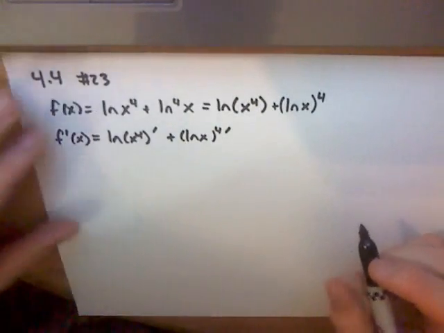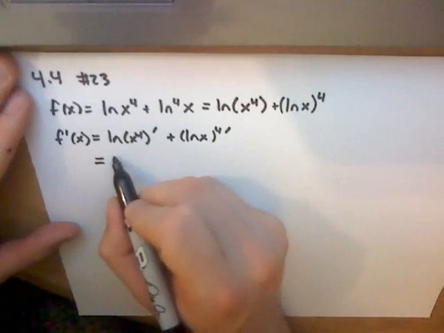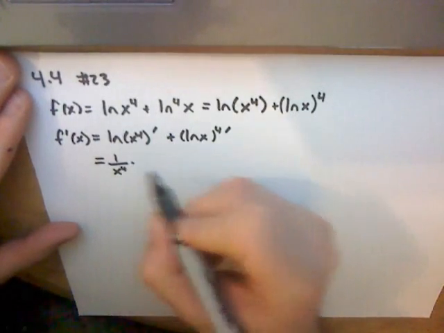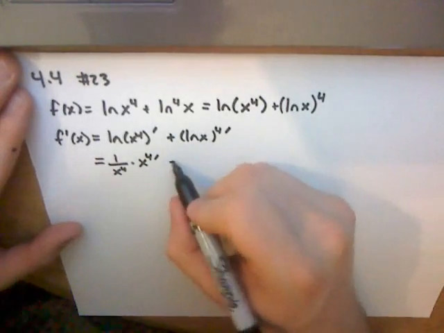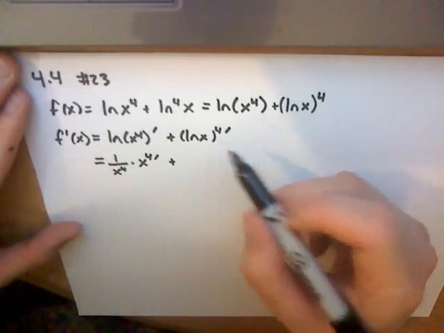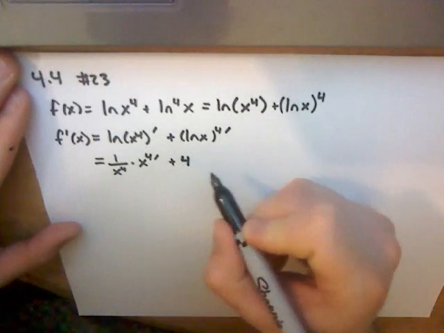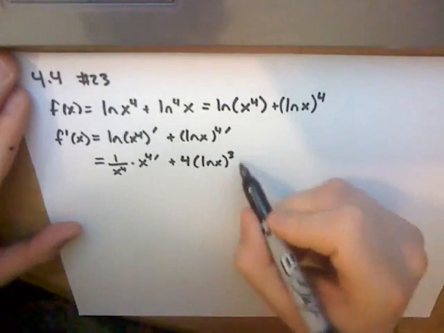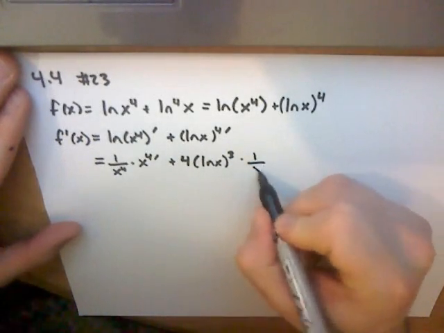And we use the chain rule in both cases. For this one, the derivative of ln is 1 over whatever's inside times the derivative of what's inside. For here, this is ln x to the 4. So the 4 gets brought out front, ln x to the 3 times the derivative of what's inside. And the derivative of ln x is, of course, 1 over x.